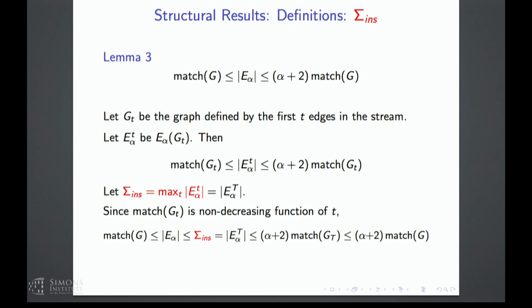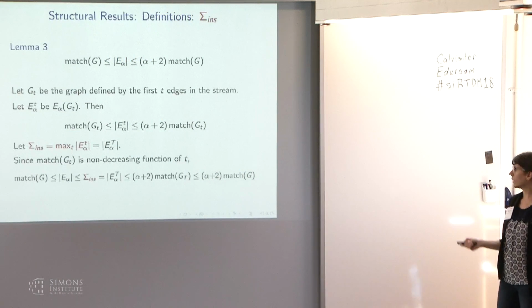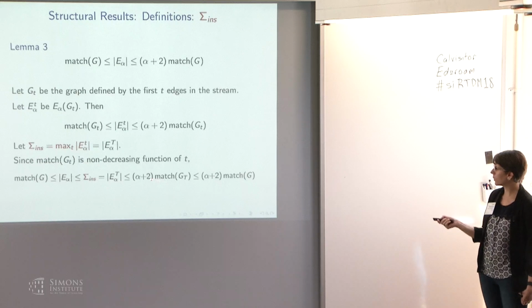And finally, we define our sigma insert as the maximum over all time steps t of the size of those sets. And note that even though we only have insertions, the size of those sets can go up and down throughout the stream. So let's say that it is maximized at some time capital T. But then on the other hand, the size of the matching is a monotonic non-decreasing function of T. And so we know that sigma insert is on the one hand greater than or equal to the size of the matching.